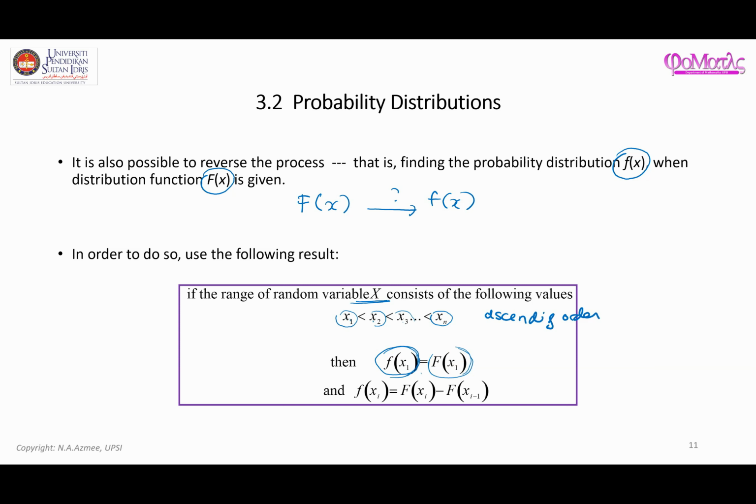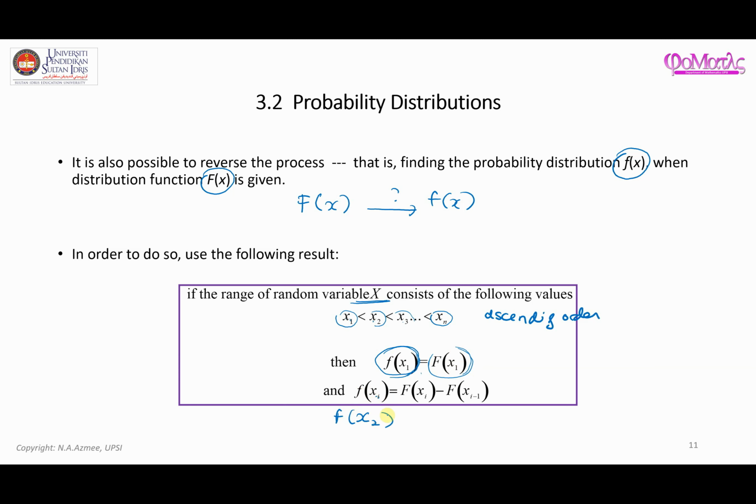Okay, if you want to find f(x2), for example, so i is equal to 2.